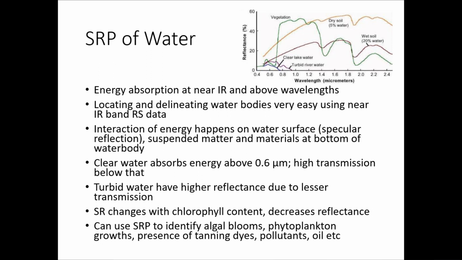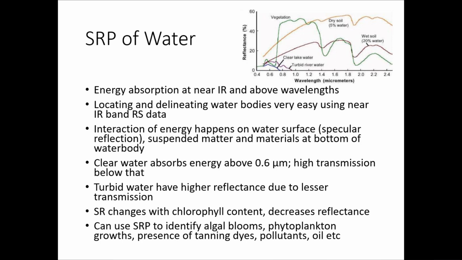Because the energy in the red and blue wavelengths is going to be absorbed by chlorophyll, right? You might observe a very slight bump in the 0.5, green band, but other than that, the overall reflectance is going to drop because the energy is going to be absorbed by the chlorophyll, isn't it?